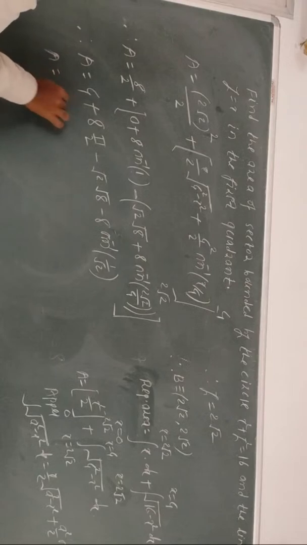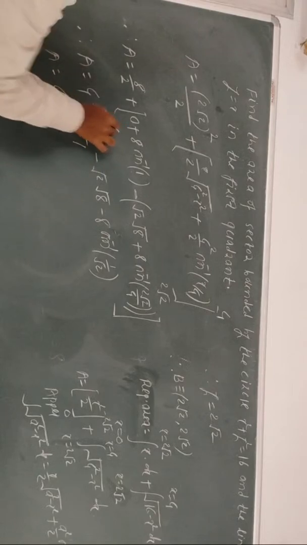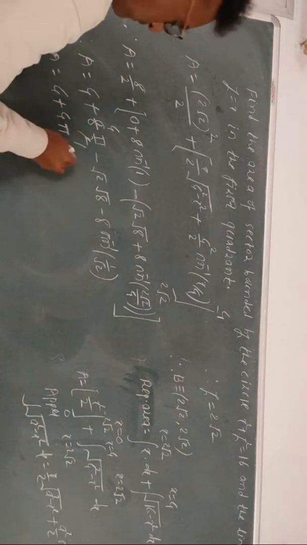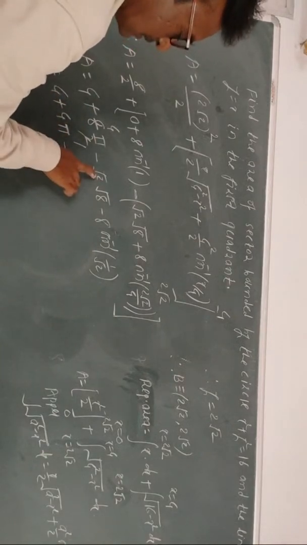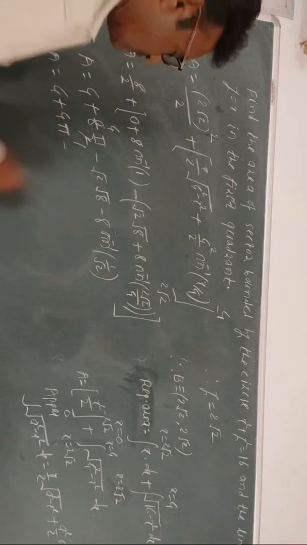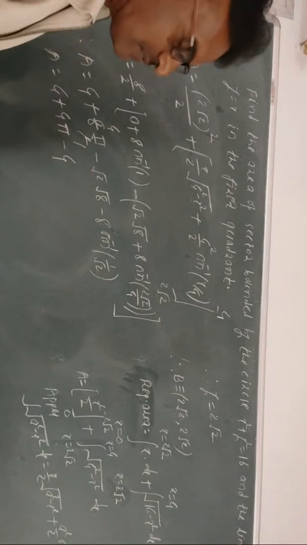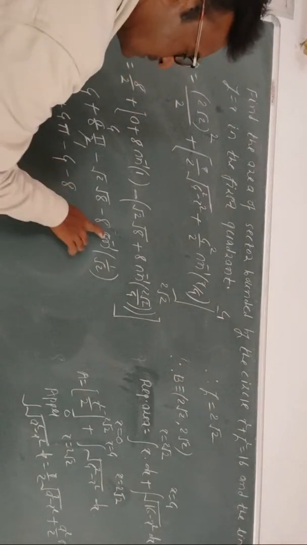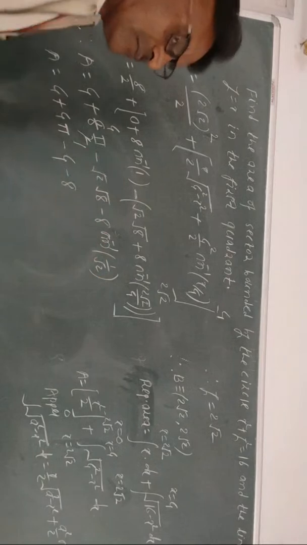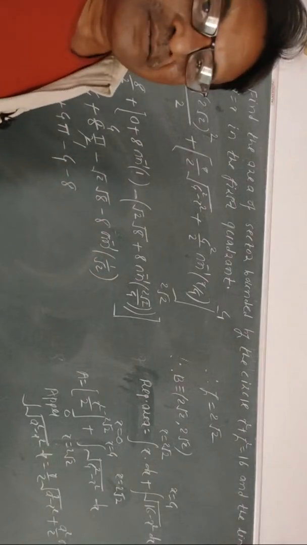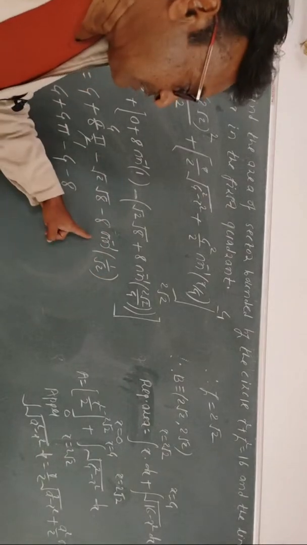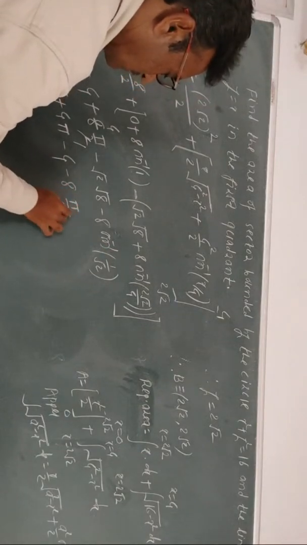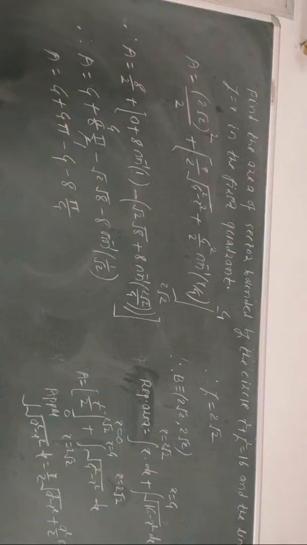Therefore A is equal to 4 plus 2 1s are 1, 2 4s are 8, so write 4 pi, minus root 2 into root 8, root 16, so write 4, minus 8 sin inverse 1 by root 2. 1 by root 2 is the value of sin pi by 4, so sin inverse 1 by root 2 is pi by 4, so write into pi by 4.